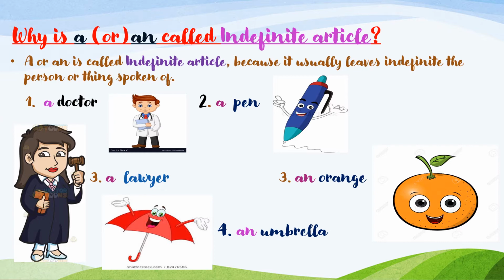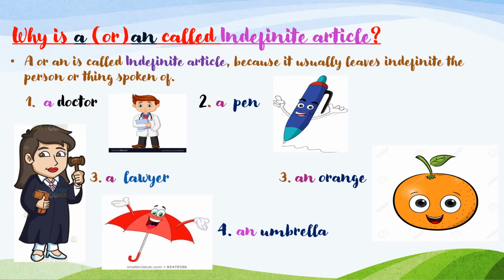I don't know about it. Any pen. In the same way, a lawyer means any lawyer, an orange, any orange, an umbrella, any umbrella. When you're talking about objects which are not specific, you use article a or an. That's why these articles are called indefinite articles.